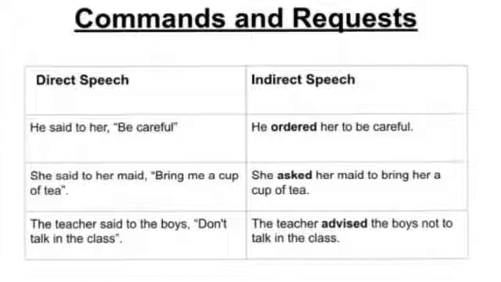Let's see some examples. He said to her, be careful. So it's an order. So we change it as, he ordered her to be careful. To is added there. Next, she said to her maid, bring me a cup of tea. She asked her maid to bring her a cup of tea.